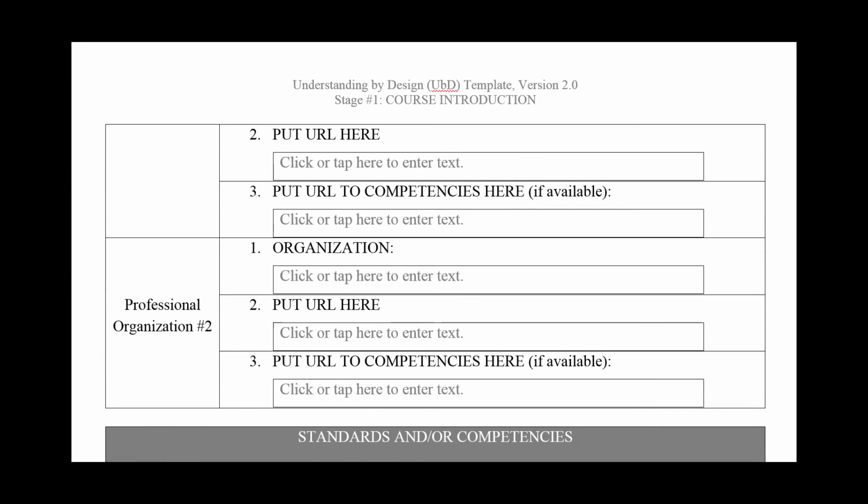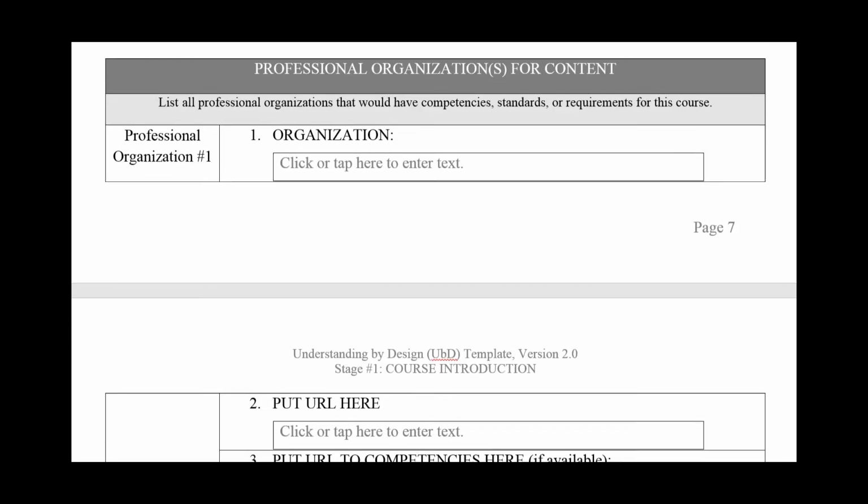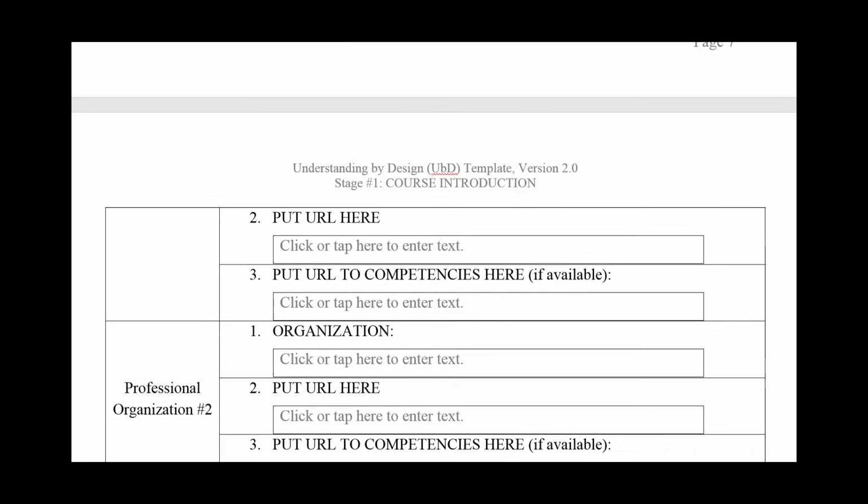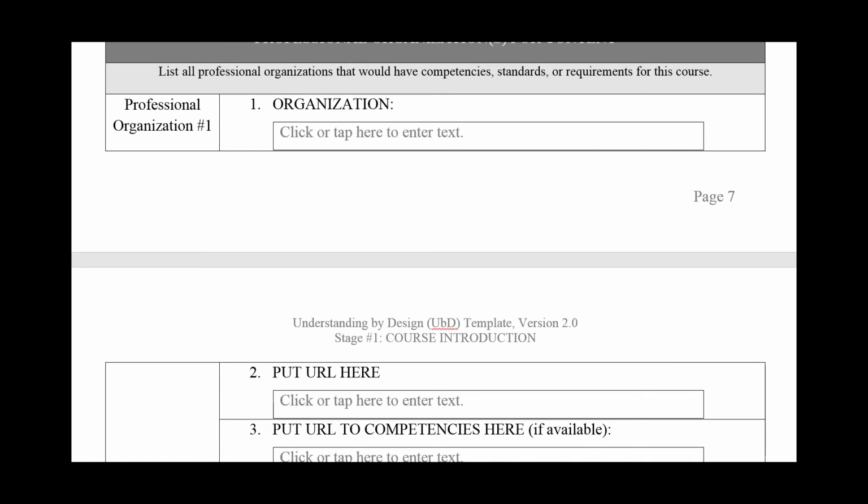So you need to have them in mind when you are designing this course. Otherwise, what are you actually teaching them for? So you want to have those organizations, their standards, in this lesson built into it, so that your students can actually leave your lesson and be more effective out in the real world for it.